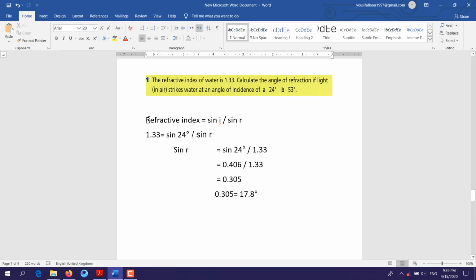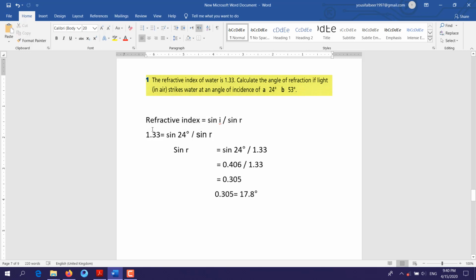So we have the main formula: refractive index equals sine I, which is the sine of the incidence angle, over sine R, which is the sine of the refraction angle.